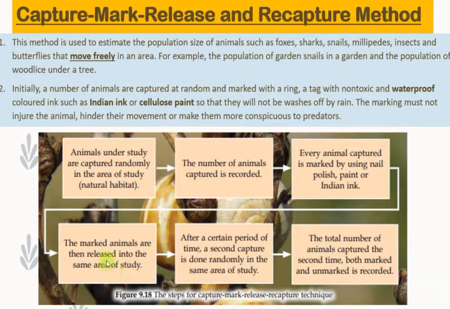After a certain period of time, a second capture is done randomly in the same area of study. Then the total number of animals captured the second time, both marked and unmarked, is recorded.